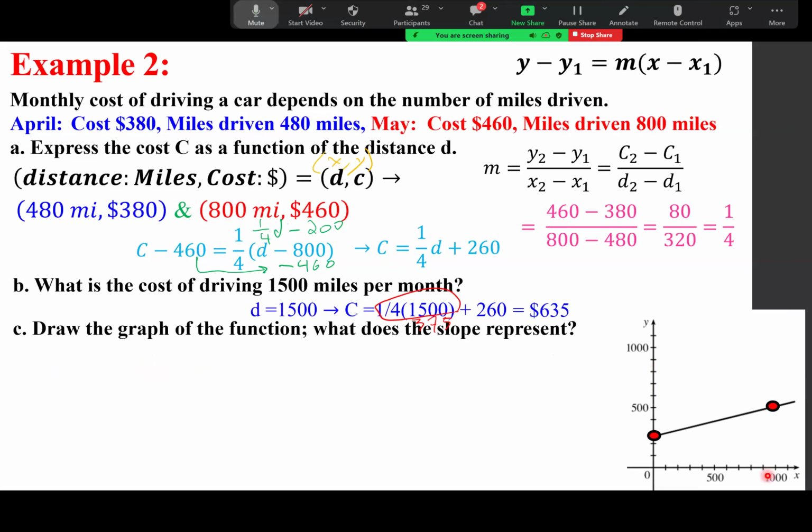Again, it's hard to show it. The numbers are fairly large, so you can use a scale of your choosing. The slope. What does the slope represent? This 1/4.